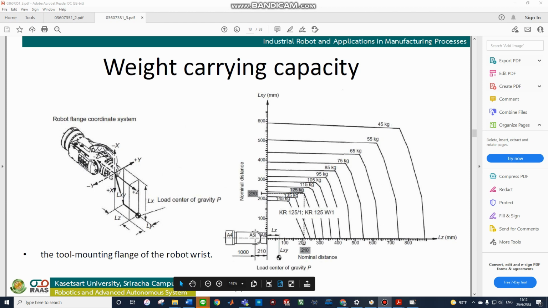This is the normal distance about payload. Any is 145 to the 45 gram in any length of any axis.